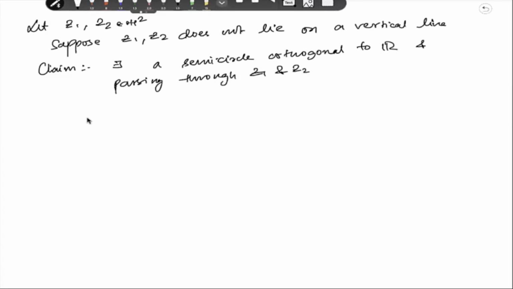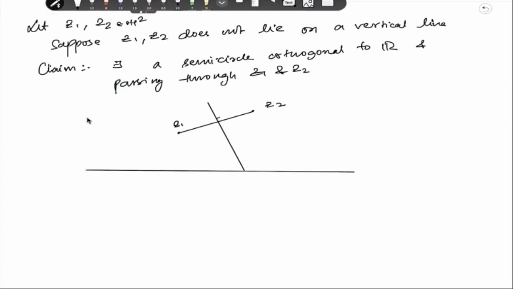You take the real axis first and take these two points, Z1 and Z2. Just draw a line segment joining Z1 and Z2. Take the perpendicular bisector. This will meet the real axis at some point. Call it X.